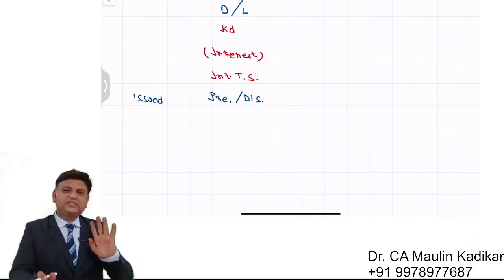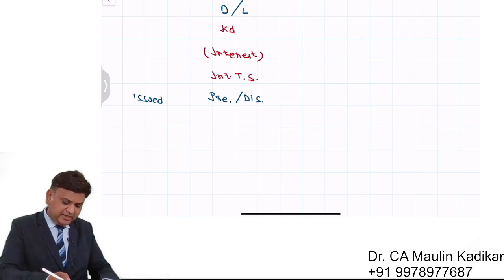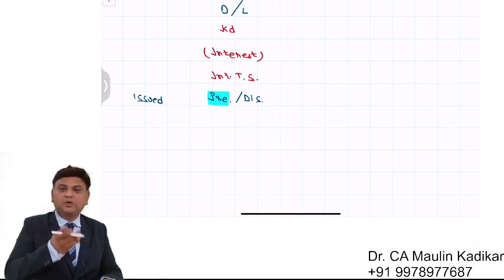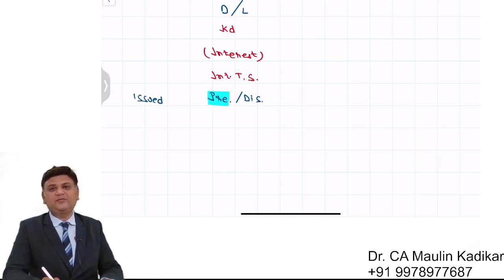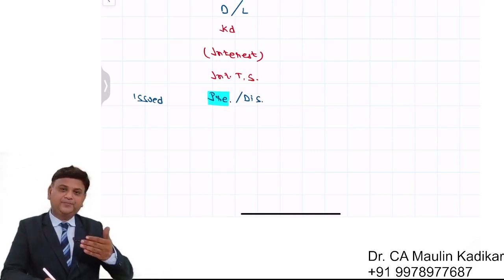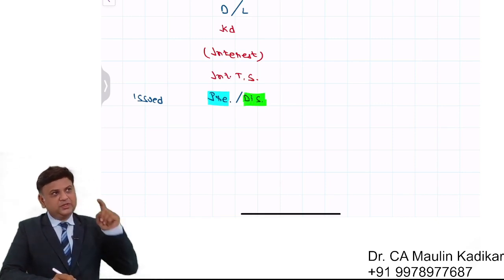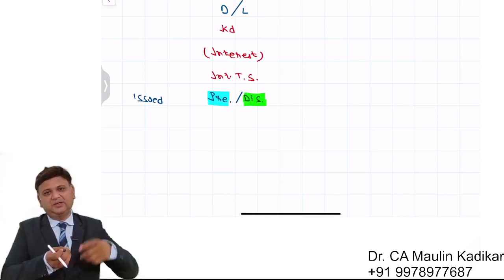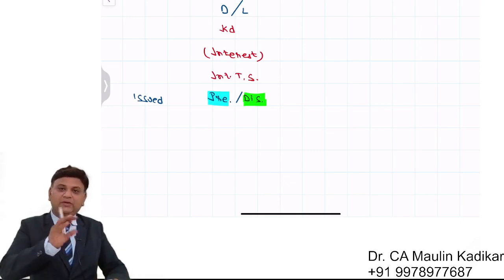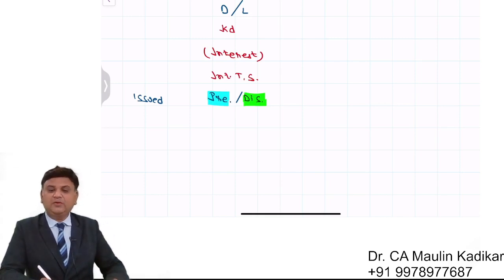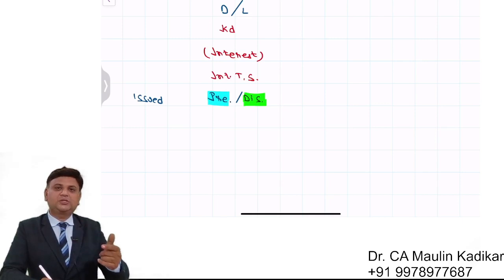However, if I issue the security at premium, I will get more money and incur less cost, so effectively the cost of raising the debt financing falls. And if I issue the security at discount, then, dear students, I have to pay interest on the face value and I have received less, so the cost increases. So the effect of issuing the security at premium or at discount will be taken into account in calculating the cost of debt financing.